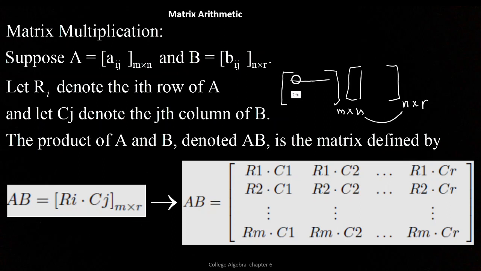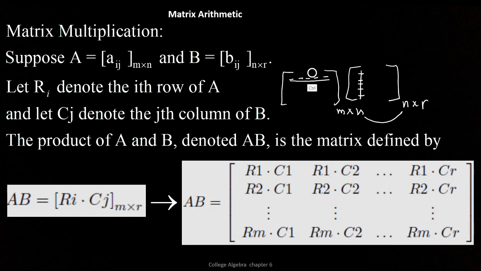So if I multiply this row by that column, then the number of entries in this row, let's say there are 5 of them here, has to be the same as the number of entries in this column. So the number of entries in this row is actually the number of columns, right? And the number of entries in this column is actually the number of rows, right? So that's why the number of columns of the first one should be the same as the number of rows of the second one. Otherwise, we're not going to be able to multiply them the way that we define it.